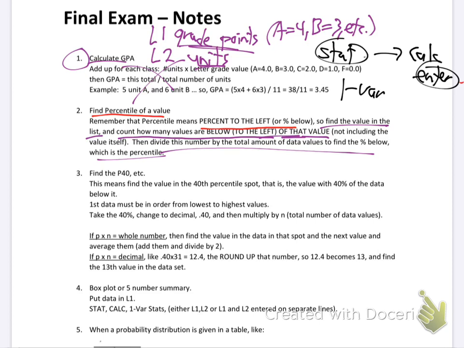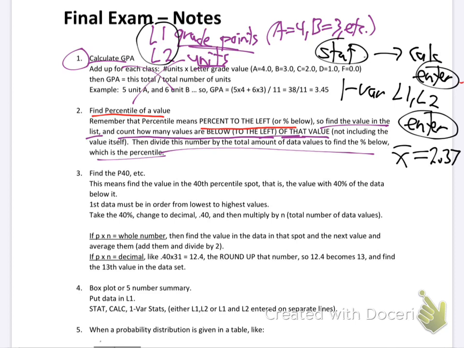When one var pops on the screen, you've got to have both of these. So you've got to go L1, comma L2. You need both the grades and the units. L1, comma L2. Hit enter and find the x bar, which will be 2.368, which rounds to 2.37. Are you getting that? Well, I'll go back to the numbers here.